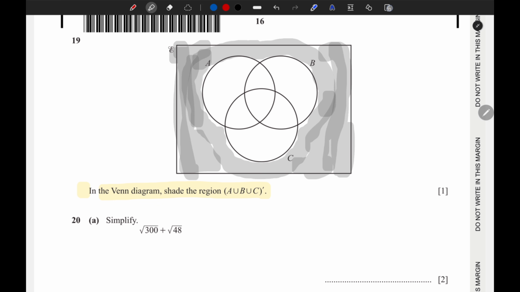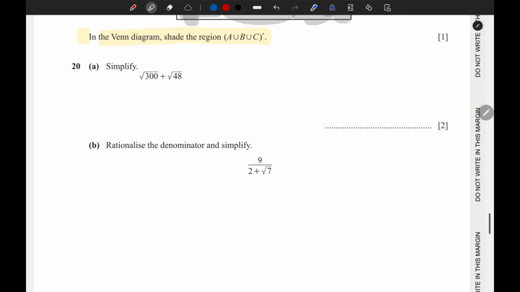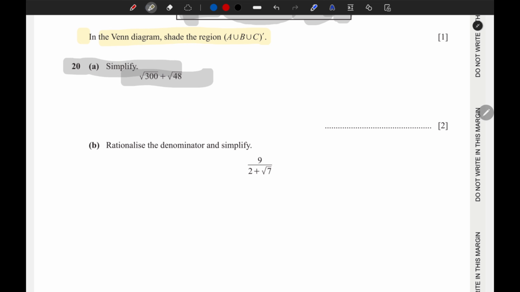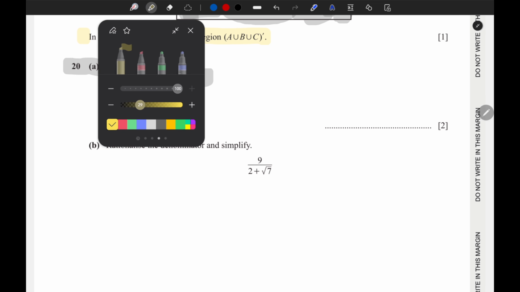Okay, fine. Next one. Simplify root 300 plus root 48. Again we have to do the calculation, so let's do it over here. So root 300, prime factorization of 300: divided by 2, this is 150.